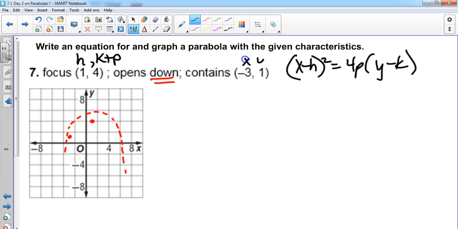And this is an x and this is a y. Okay, the two people who are still awake, what do you know? H is 1. K plus p is 4. Which means k is 4 minus p, because remember we're trying to find p eventually here.